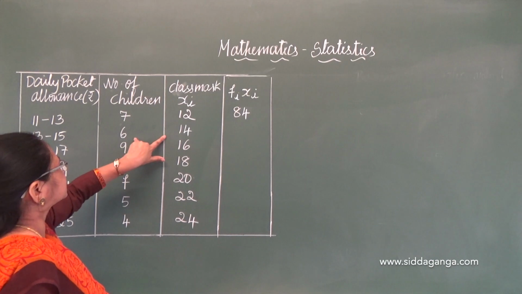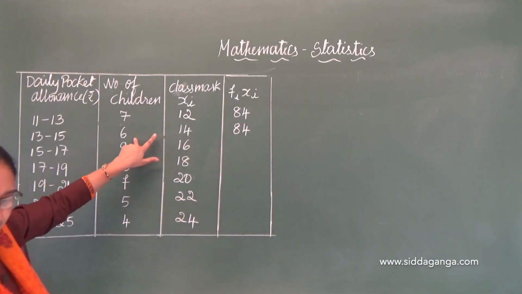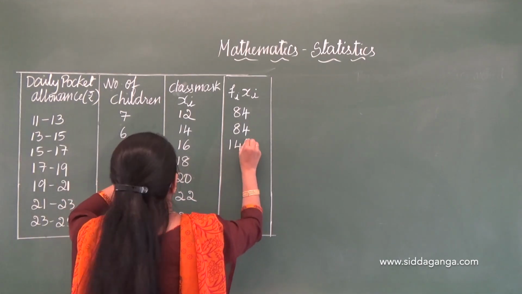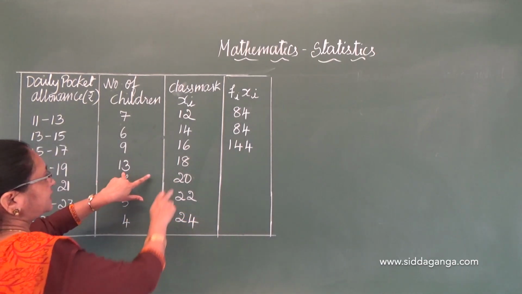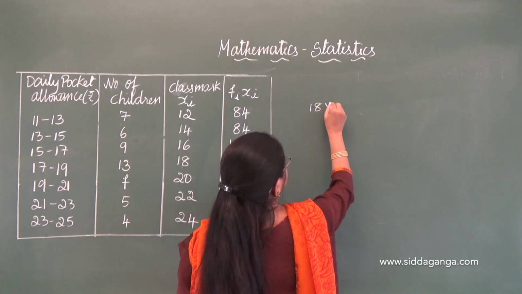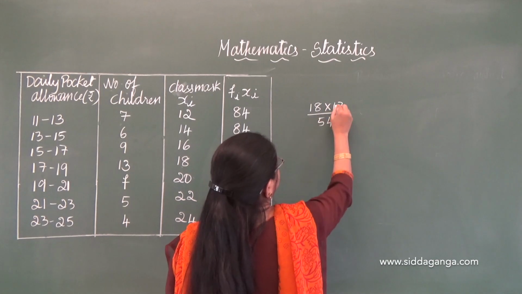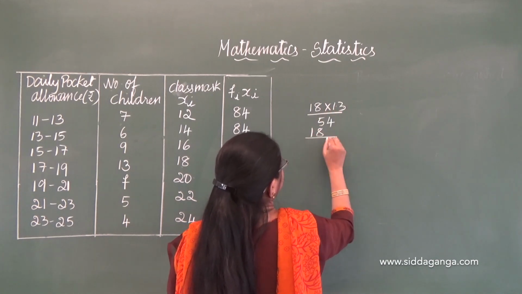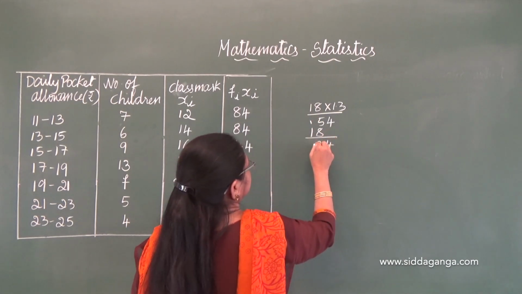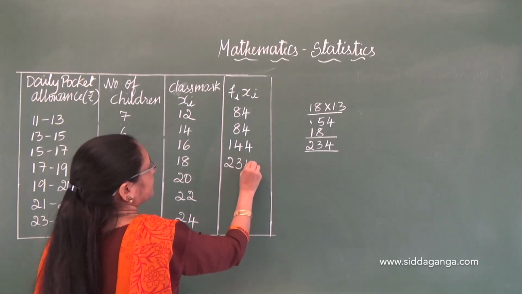Next 14 sixes, again 84. 16 nines, 144. Next 13 into 18: 18 into 13 is 234.